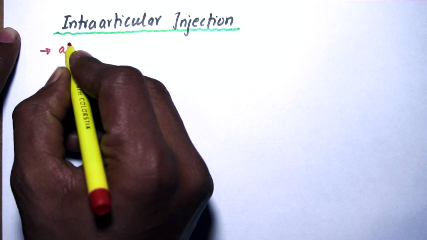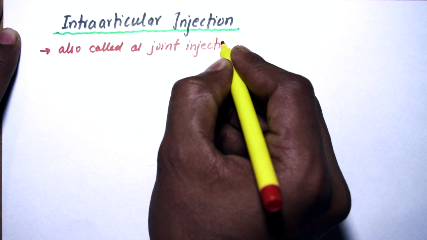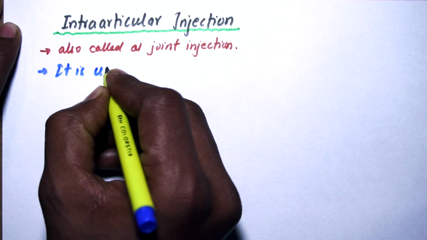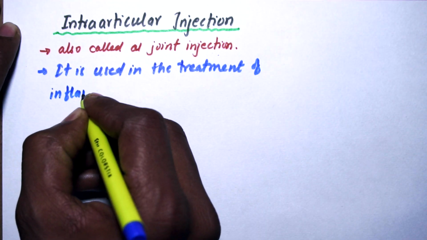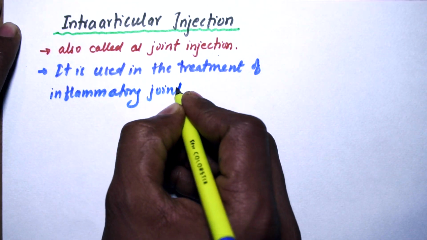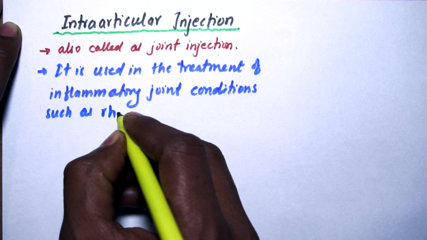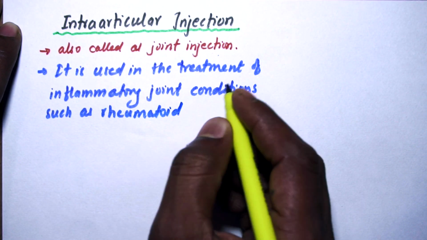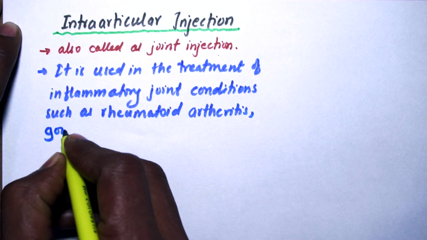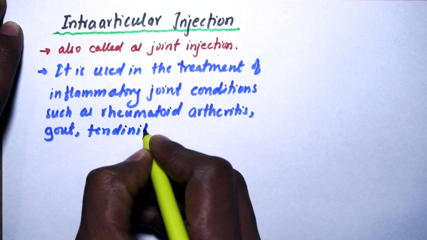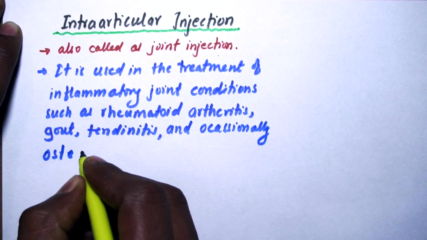Now we will discuss intra-articular injection. They are also called joint injections. It is used in the treatment of inflammatory joint conditions such as rheumatoid arthritis, gout, tendinitis, and occasionally osteoarthritis.